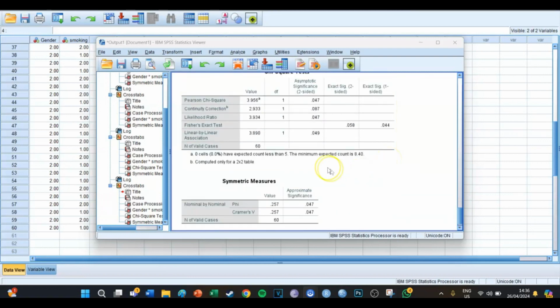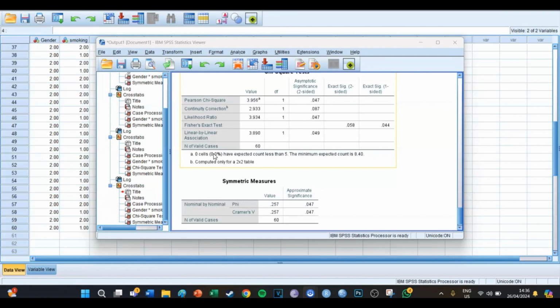But the lowest can never be lower than 5, because if one of the cells would have been lower than 5, then this percentage would have gone up, and that would have interrupted the true conclusion of this analysis. But in this case, these assumptions have been met, so it's not a problem.